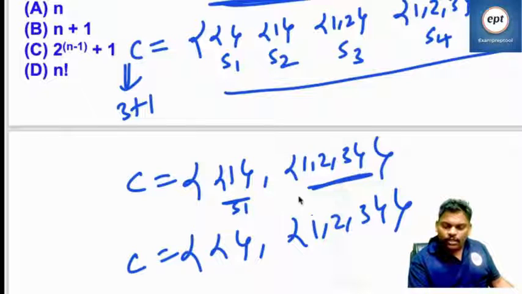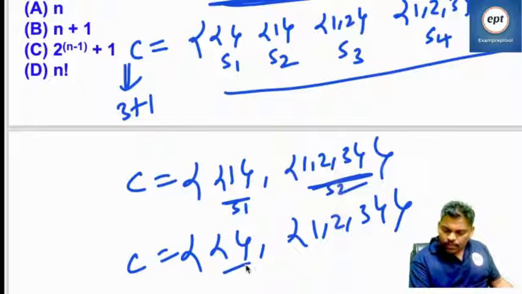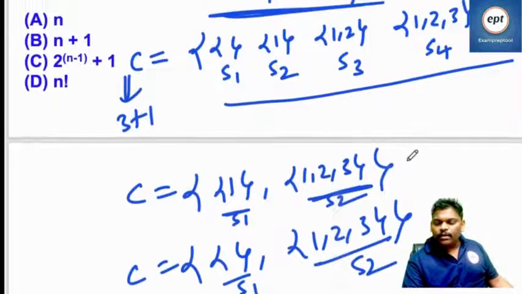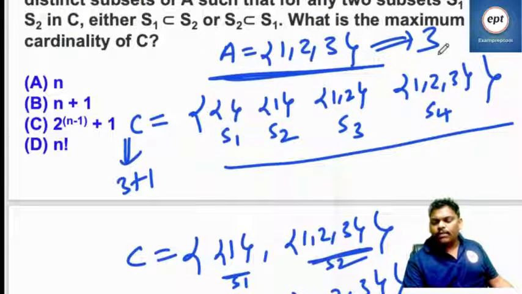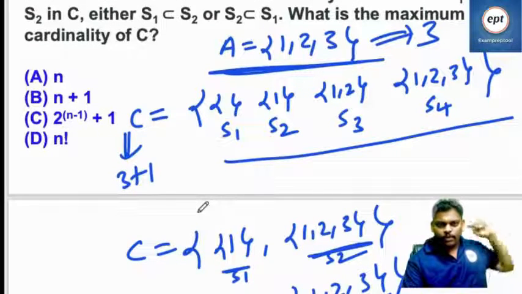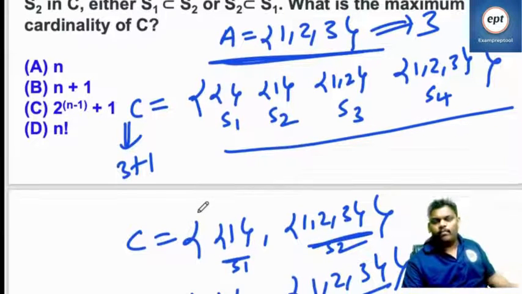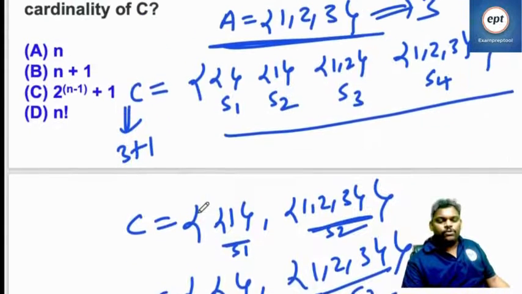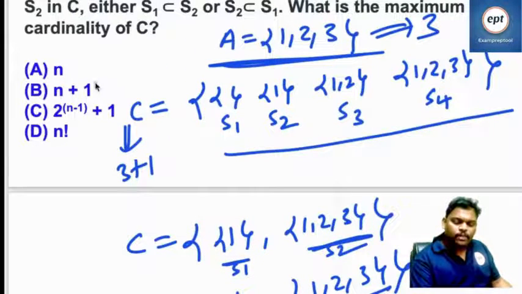It is S1 and S2. I want the maximum cardinality. If I take a set with 3 elements, I will get the maximum cardinality 4. If anyone has any doubt, please let me know. So the answer for this problem is, I think, B.